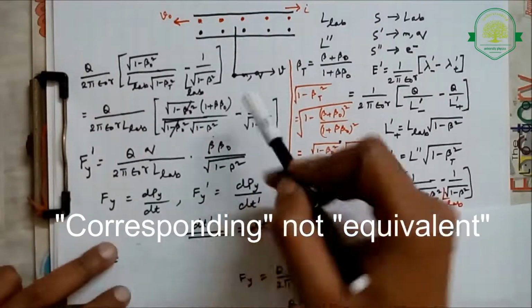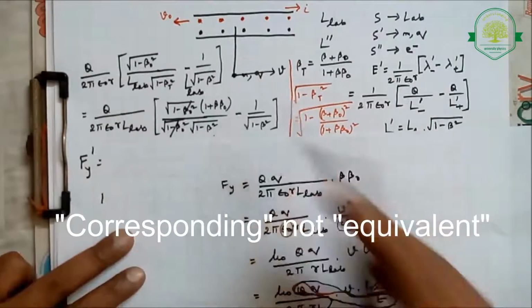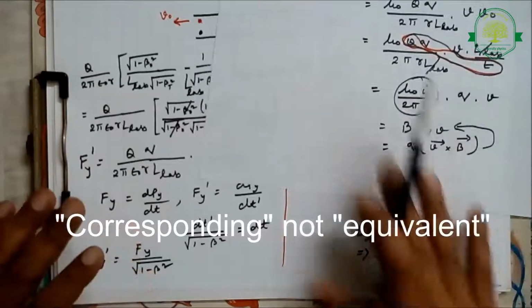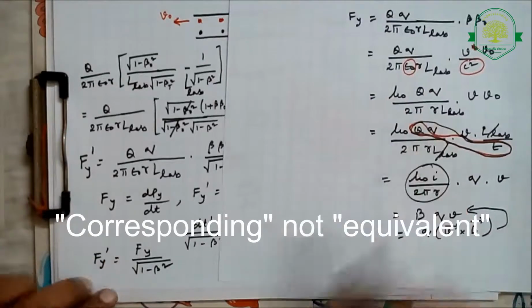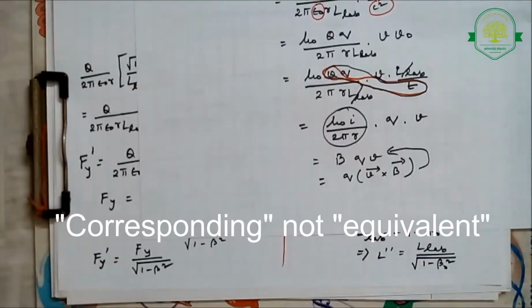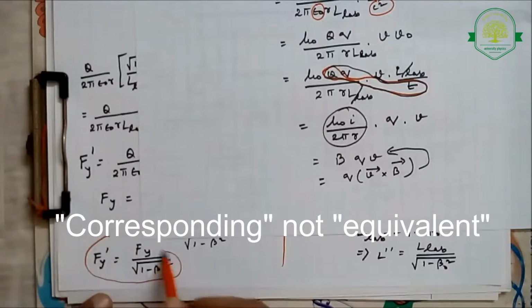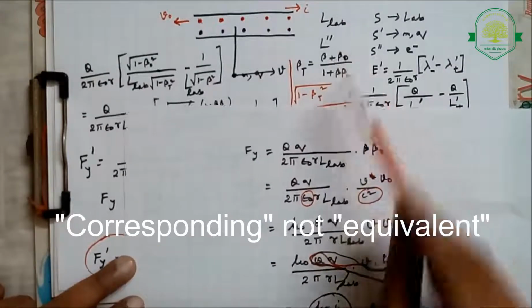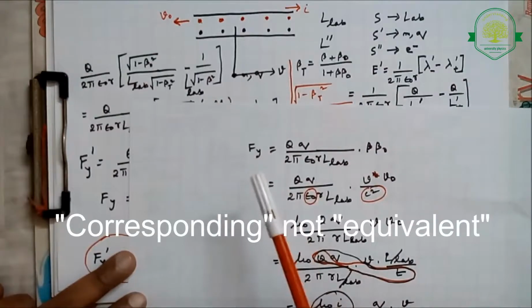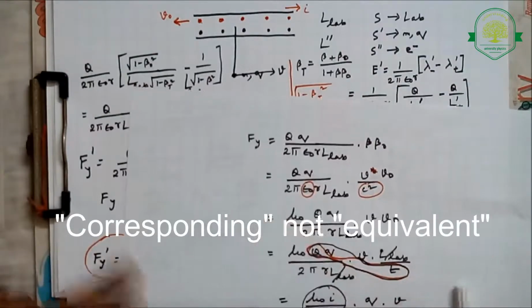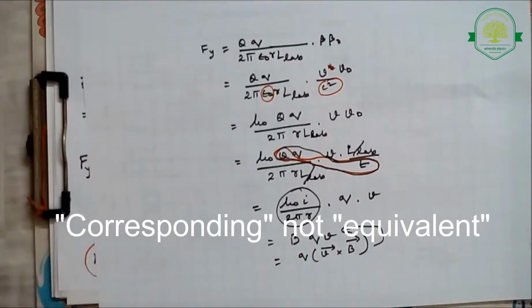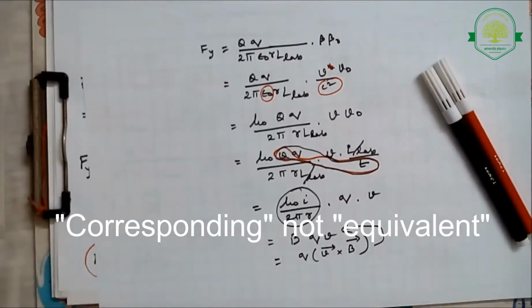Note that these two forces are not actually equal, because these forces are seen by different frames, and in different frames we will see different forces according to this formula. However, if we know what the force is in the primed frame, we can convert it back to the force in the unprimed frame, that is in the lab frame, and from there we show that that force equals the Lorentz force. So let that wait for this video.